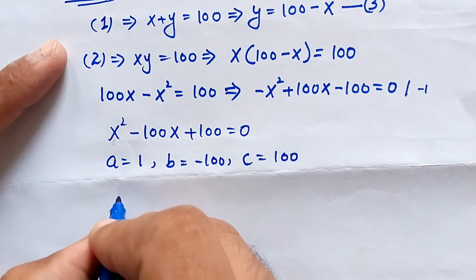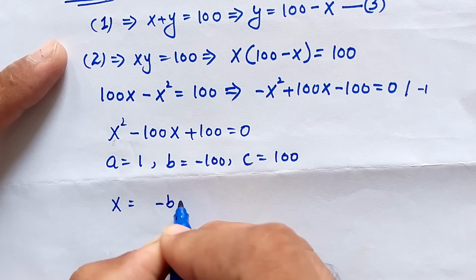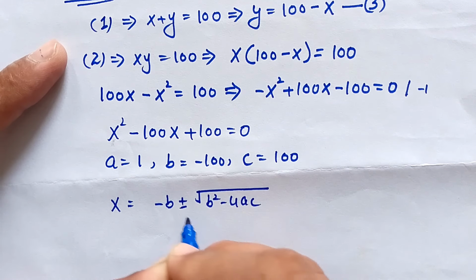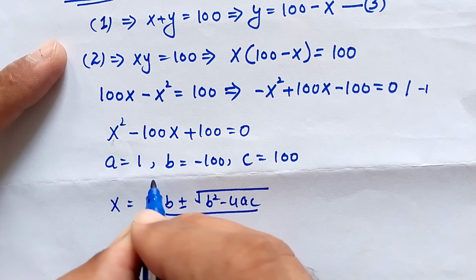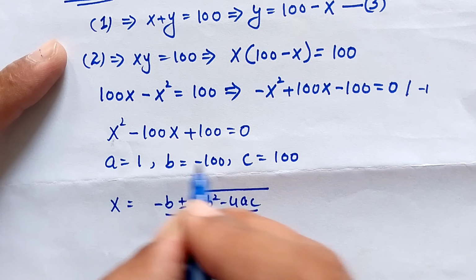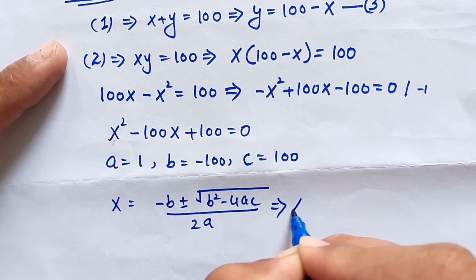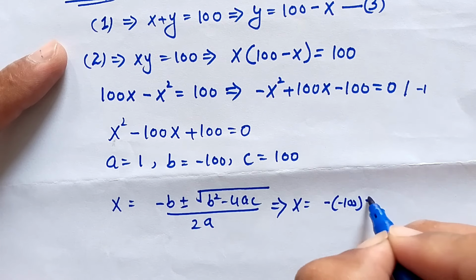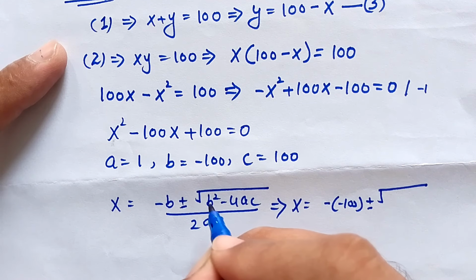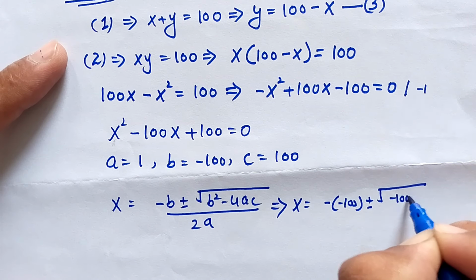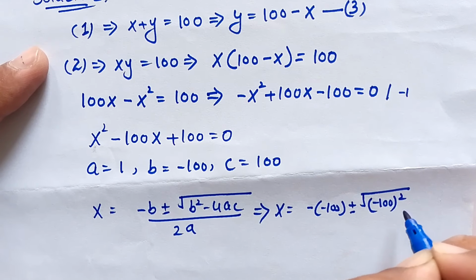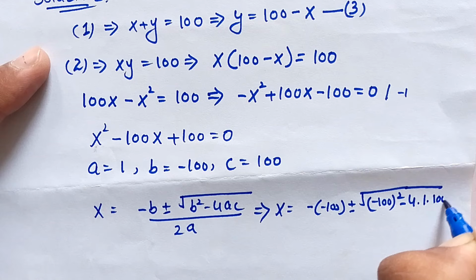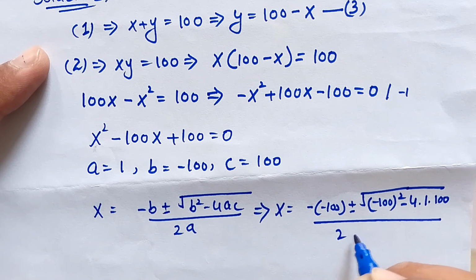Here x is equal to minus b plus minus square root of b square minus 4ac over 2a. Now we have to put the value of a, b, c, so this will become x is equal to minus times minus 100 plus minus square root of, here b is equal to minus 100 square minus 4 times 1 times, and c is 100 over 2 times 1.